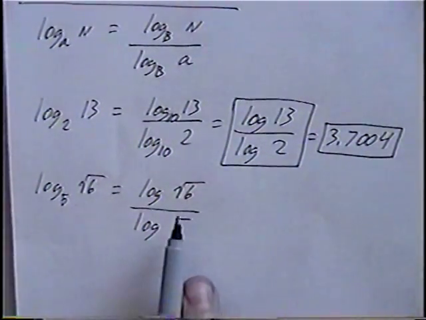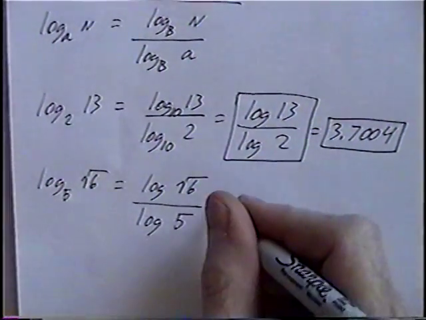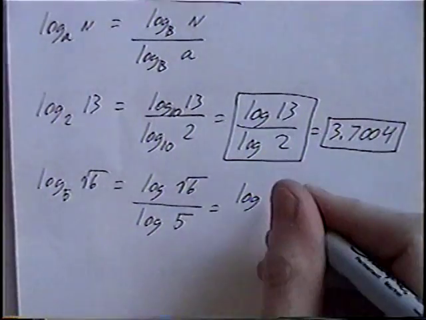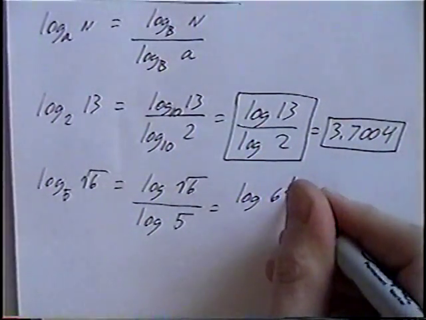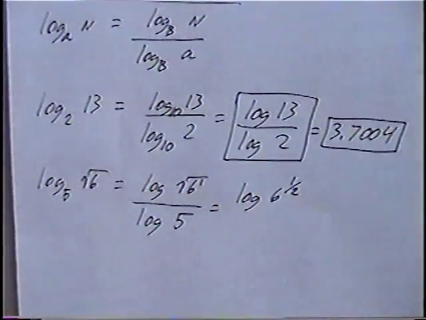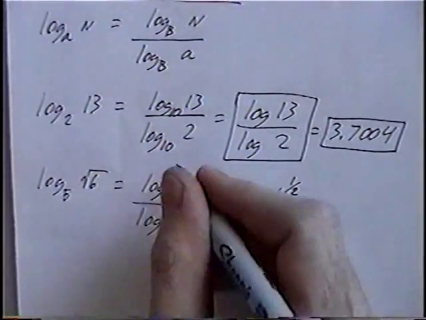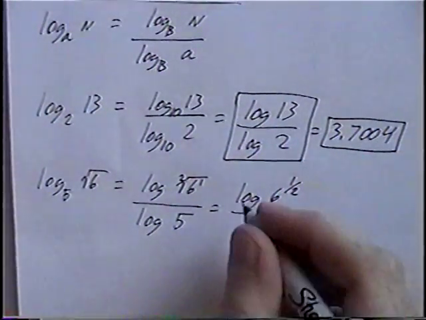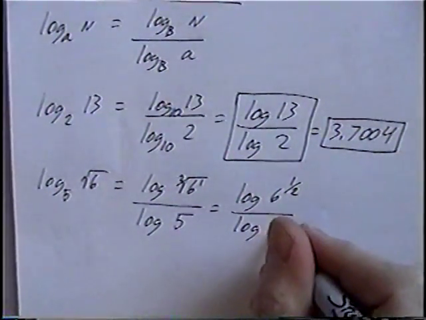To simplify this, we can actually simplify the square root. For example, the square root of 6 is also 6 to the 1/2 power. The 1 comes from 6 to the first power, and the 2 comes from the square root. Divided by log 5 would stay the same.